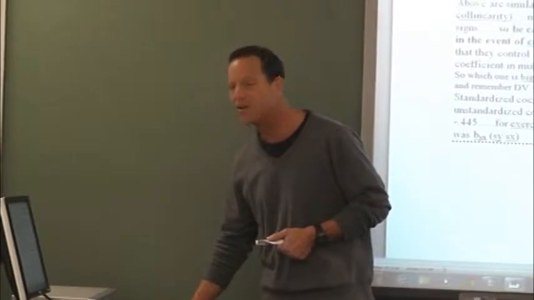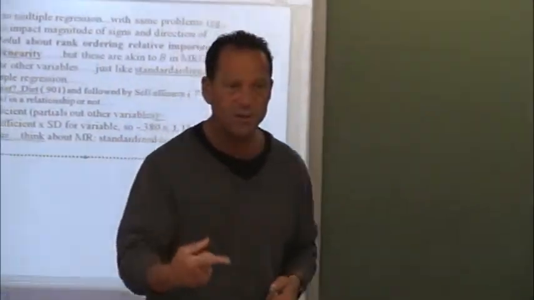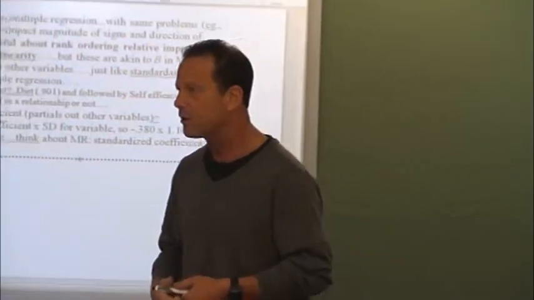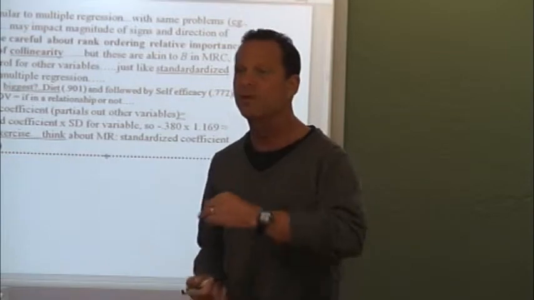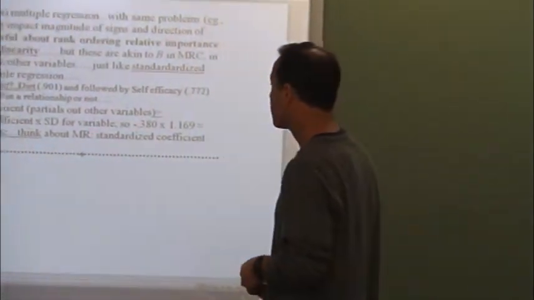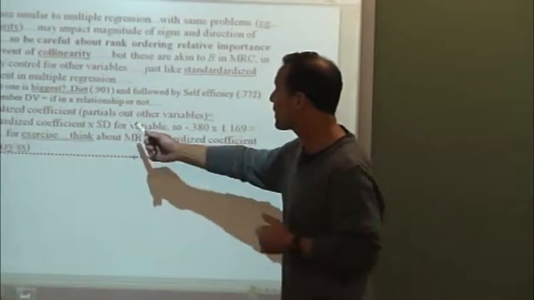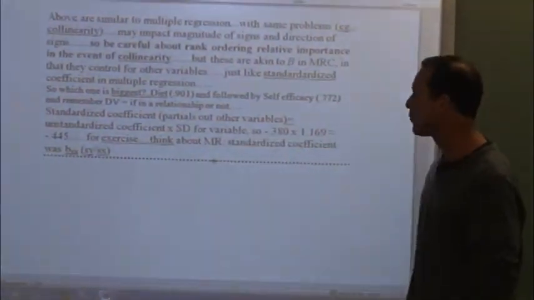So basically, the standardized coefficient partials out the other variables, right? Think of this as good old multiple regression. Remember, these are partial coefficients. We want to see how well they relate to the outcome, holding constant all the other variables. So you take the unstandardized coefficient times the standard deviation for the variable.